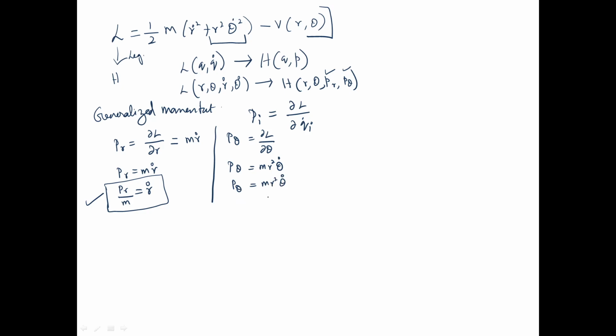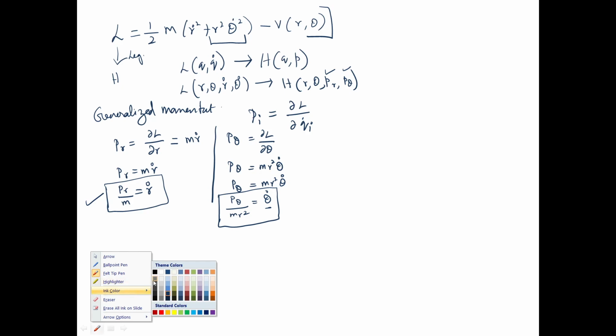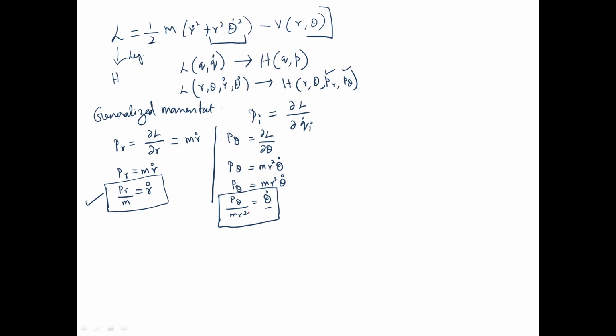Once we rearrange for theta dot, we get p theta by m r square. This is the other term we have to replace in place of theta dot, to write in terms of p theta. Once we have this, we are able to write the Legendre transformation.